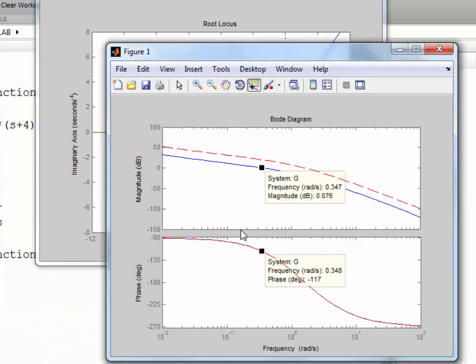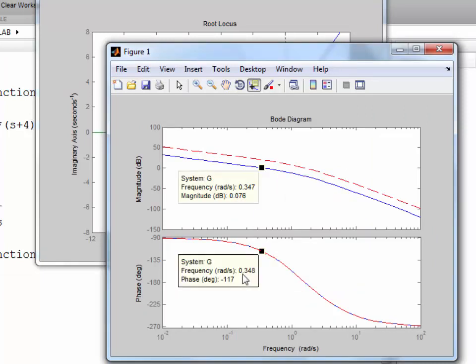So going back to our Bode diagram, this red line shows the magnitude plot when we've added a loop gain of 10 to our system. And so if we look at our new gain crossover frequency, it got pushed out to the right. And so our new gain crossover frequency is somewhere near here. It's near 0 dB.